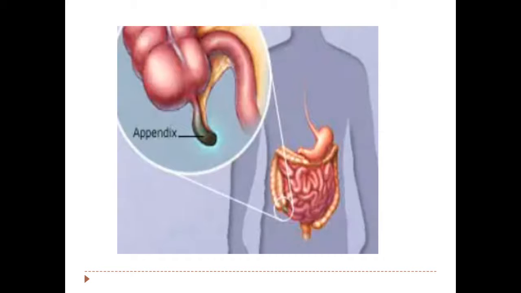We know that if any infection occurs in the appendix, we get the problem of appendicitis. In previous times it was thought that the appendix has no function, but now scientists are researching it, and they are saying that the appendix has an important role in our immune system.